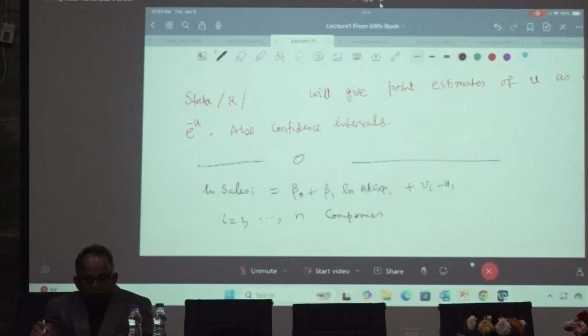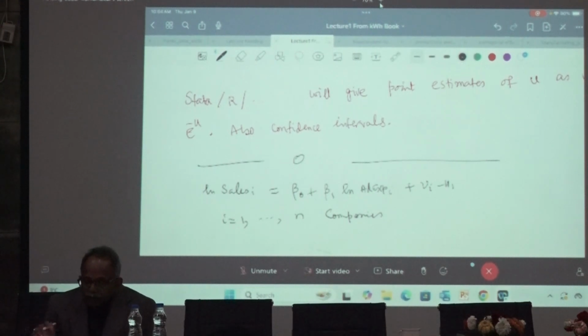The number of companies is n: if you have 100, then n is 100; if you have 500, then n is 500. This is the data structure. Then you feed the log of the variables into R or SPADA, and estimate the parameters.